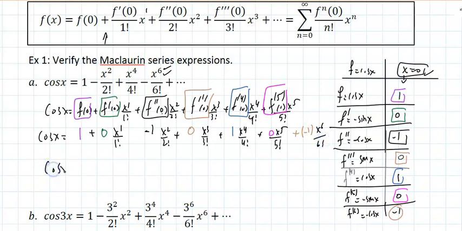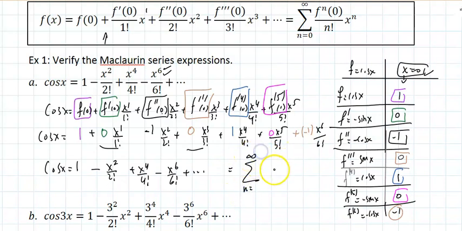And we know that the cosine of x equals 1, that's a 0, minus x squared over 2 factorial plus 0, plus x to the 4 over 4 factorial plus 0 minus x to the 6 over 6 factorial, and the list goes on. Now, generally speaking, you're supposed to write the series with n going to infinity and figure out the pattern.